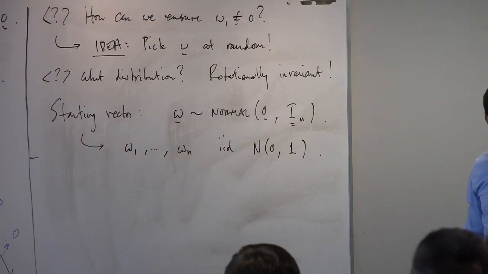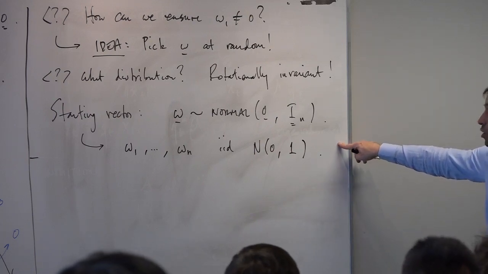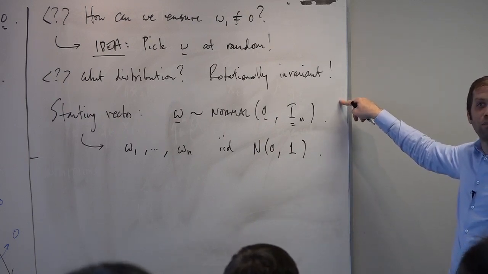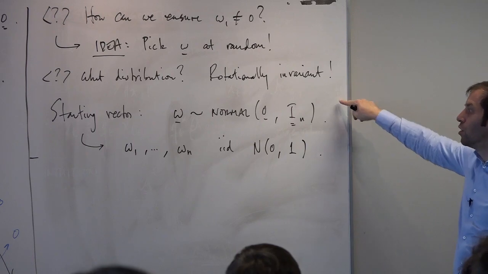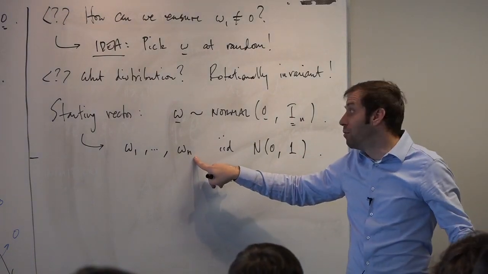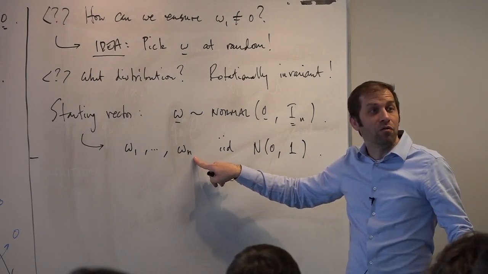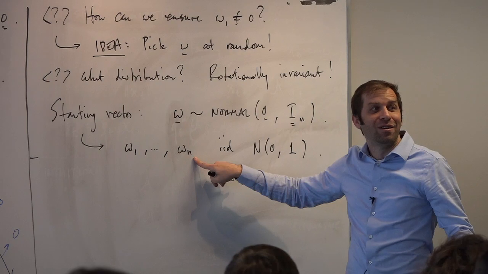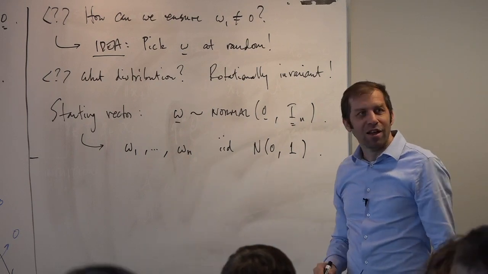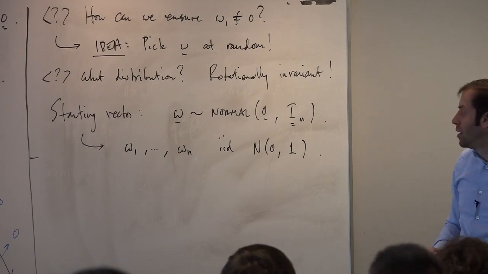Okay, so this is amazing. So you don't know the eigenvector basis. You picked this beautiful random vector, and the coordinates in whatever the eigenvector basis are still standard normal, and they're independent from each other. Okay, so this is exciting. You somehow have gotten something for nothing. All right.